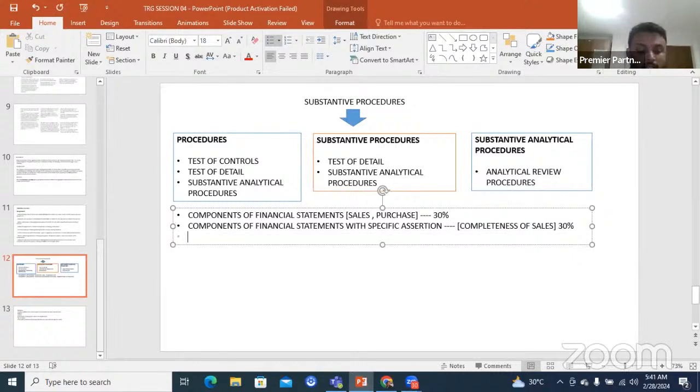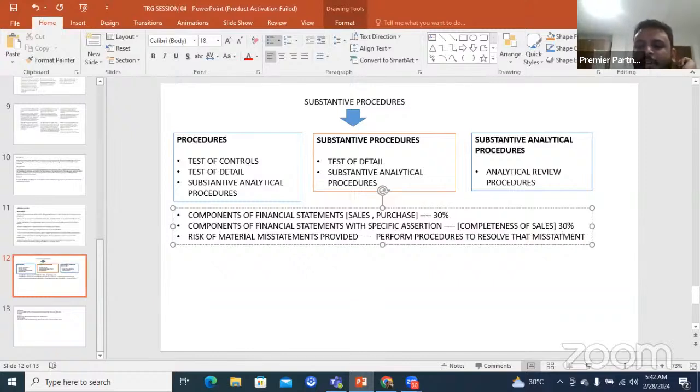Third one, risk of material misstatement. Risks of material misstatement are provided, and you perform procedures to resolve that misstatement. This is also like 10% possible. This is a standard related issue.